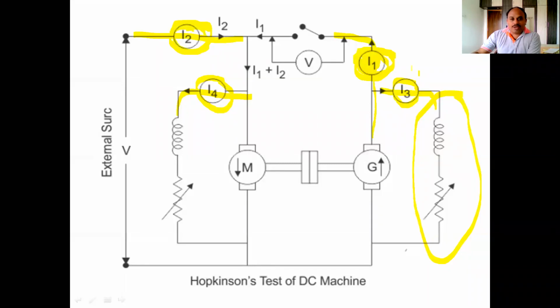This is the current taken by the motor, equal to I1 plus I2, because according to Kirchhoff's current law, current entering the node equals current leaving the node. Current entering is I1 plus I2, current leaving is I1 plus I2.